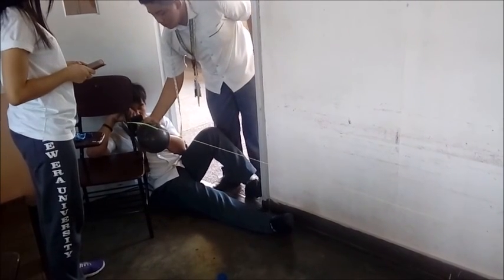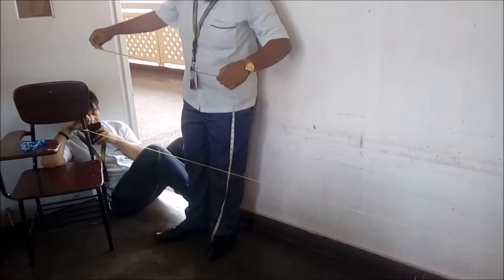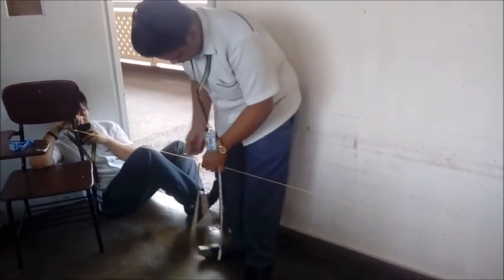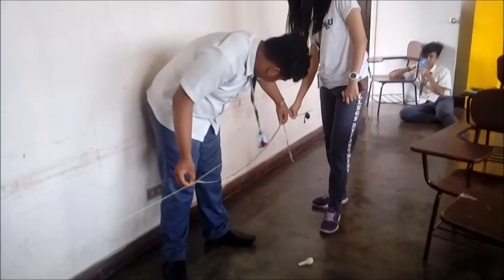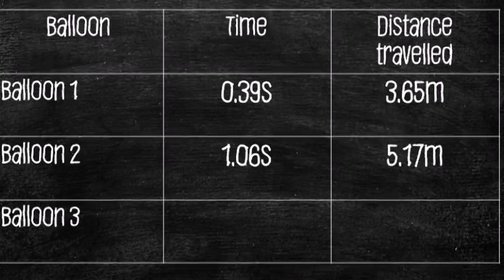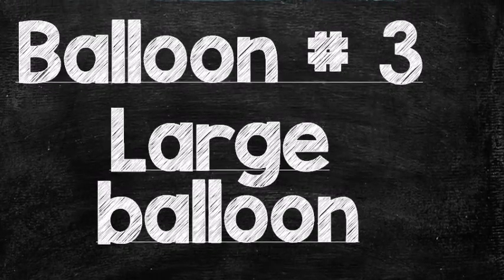The second balloon, or the medium balloon. The data that we got from this second balloon was its travel time is 1.06 seconds and its distance traveled is 5.17 meters.